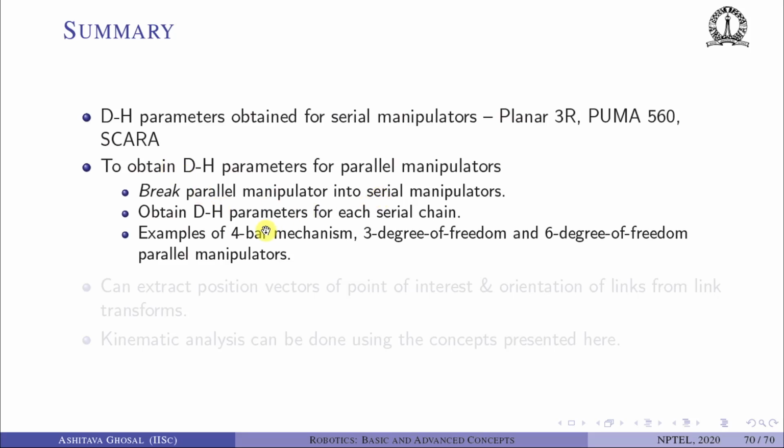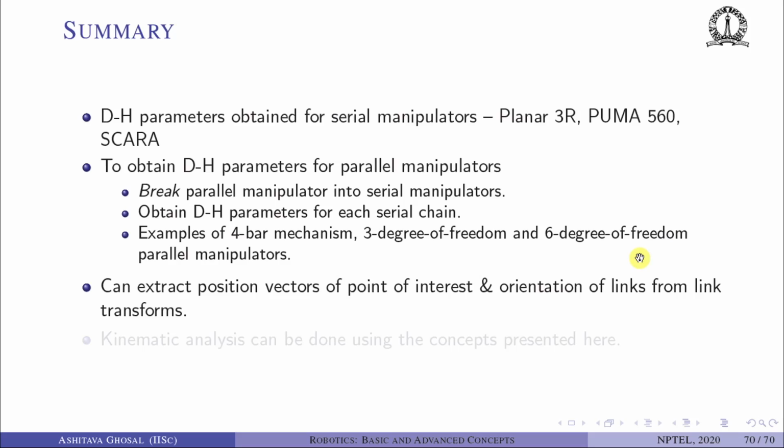We obtain the DH parameters for each serial chain, and as I showed you, examples of a 4-bar mechanism, a 3-RPS 3 degree of freedom spatial mechanism, and a model of a 3-fingered hand which was a 6 degree of freedom parallel manipulator.